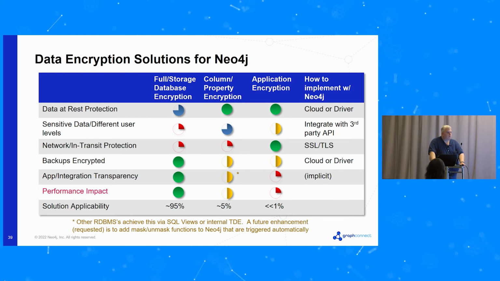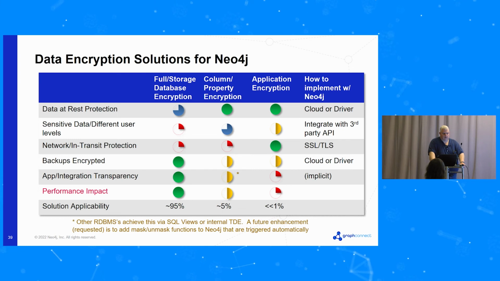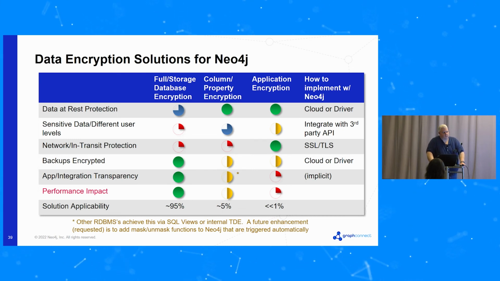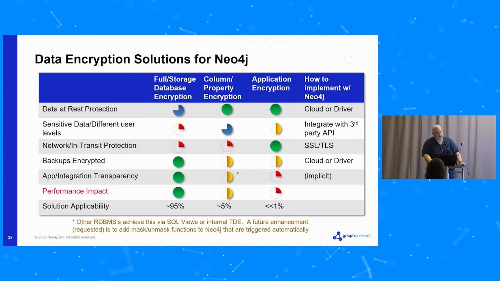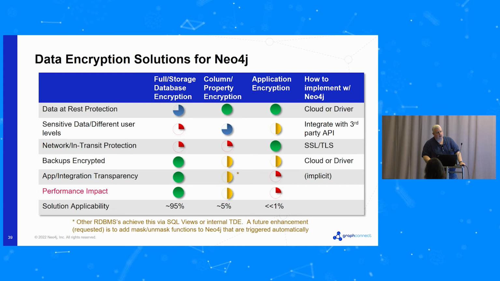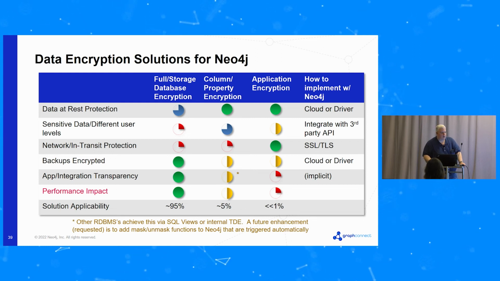Look at APOC, right? APOC.export, you export to a file. You can read a file. They can do all sorts of things. So right now, Aura doesn't support UDFs or stored procedures. So that might be a one-off where you'd have to talk with us, if you really need it.